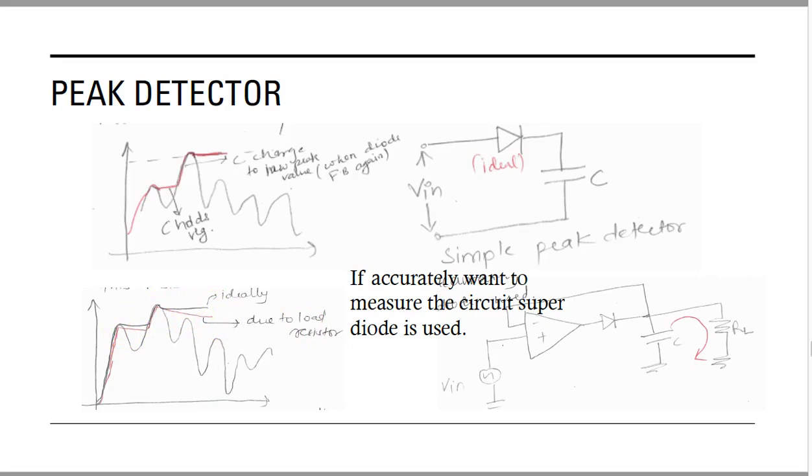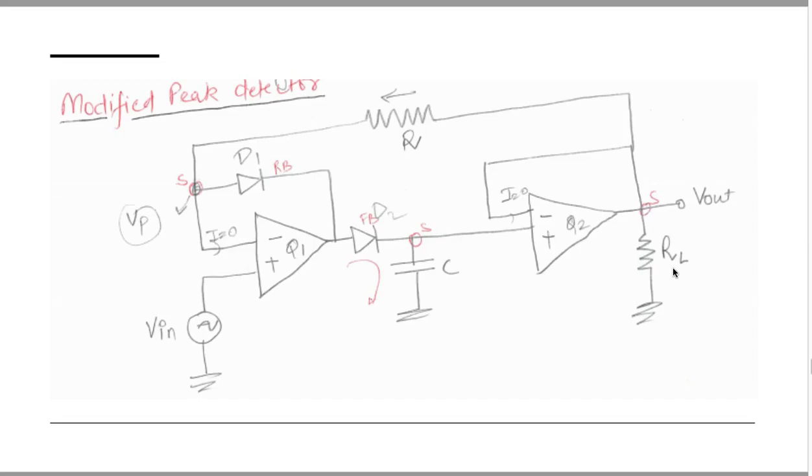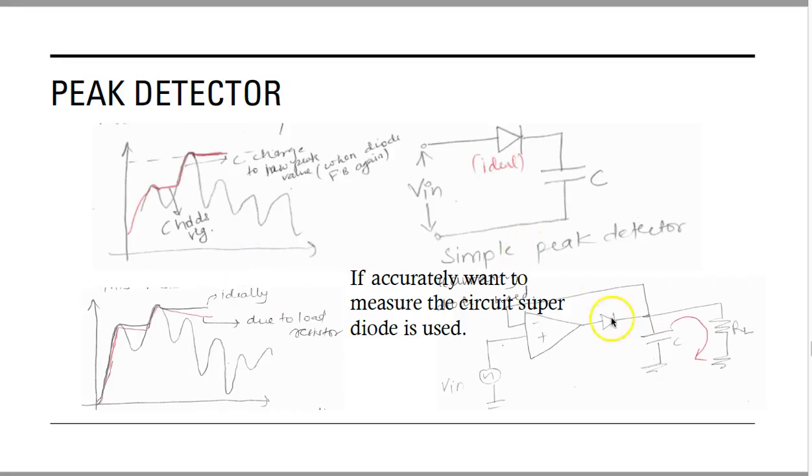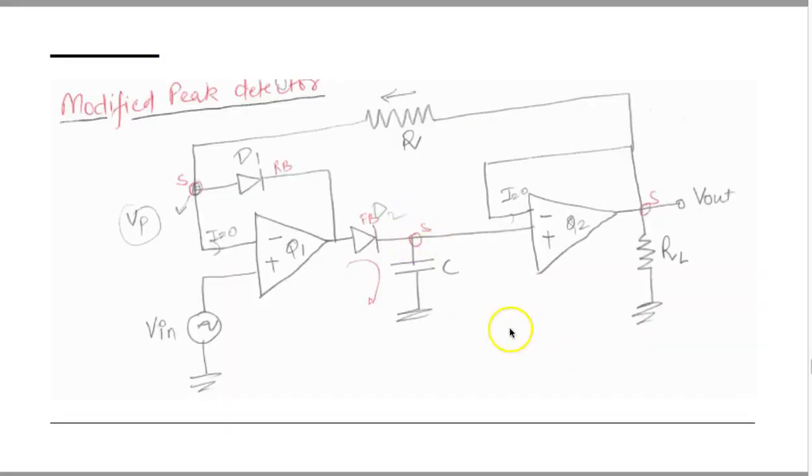So there are multiple modifications which are done to this circuit, but I'm just going to show you the final modification, this modified peak detector. And you can go through the notes. In the notes I have thoroughly mentioned the other circuits which came in between this basic circuit and this one.